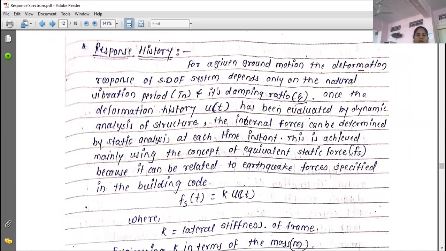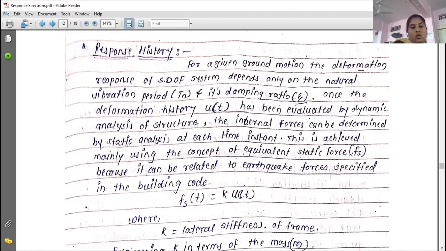We'll see the next point, that is the response history. For triangular loading conditions, from this load the DLF, dynamic load factor, is calculated, and that is one of the types of the triangular loading which is considered under the dynamic loads which are coming on the structures.